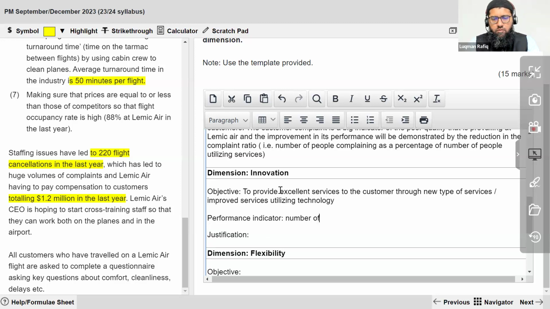Number of new services launched during the period.